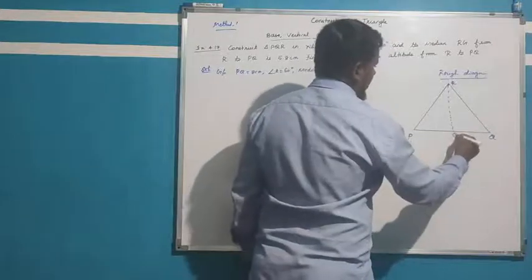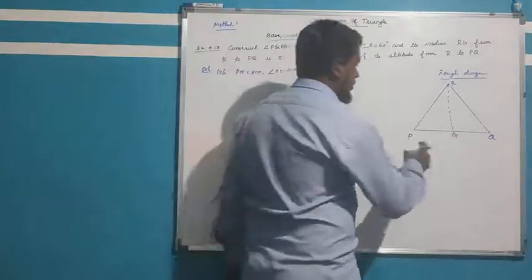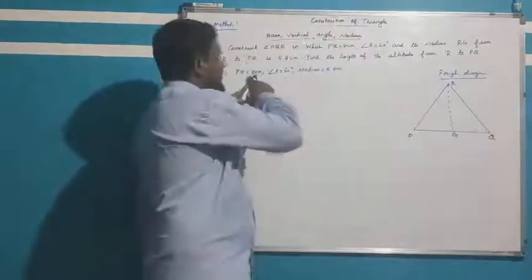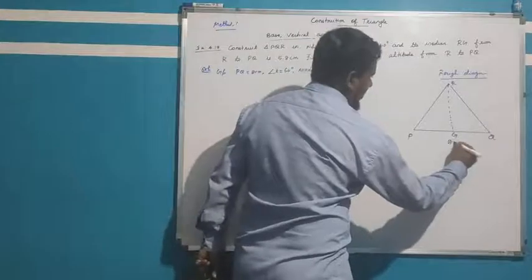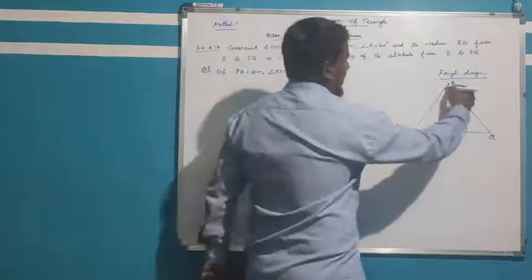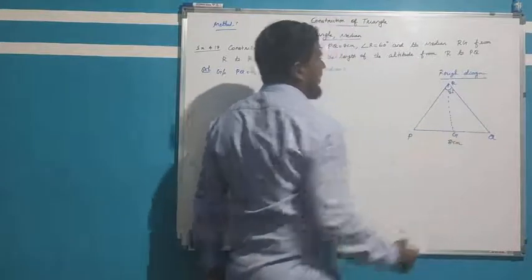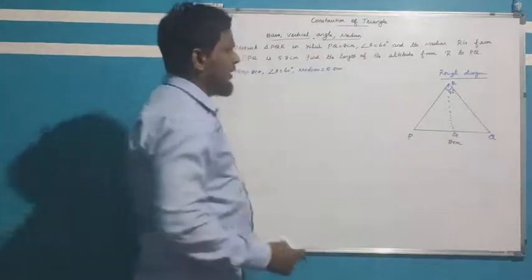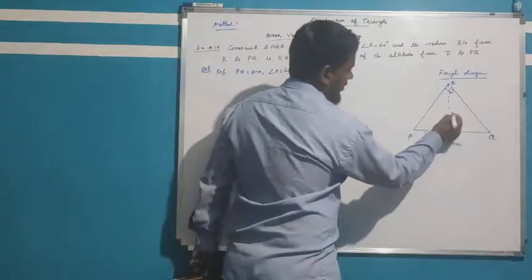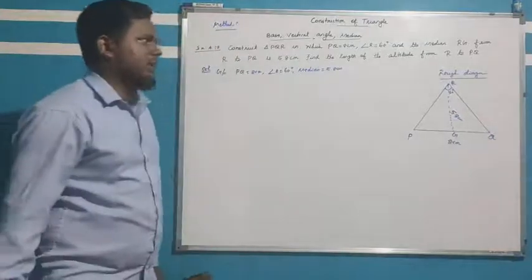In this median we can consider the point G. PQ is 8 centimeter. Then angle R is 60 degrees. Then in this median, what will be there? 5.8 centimeter.